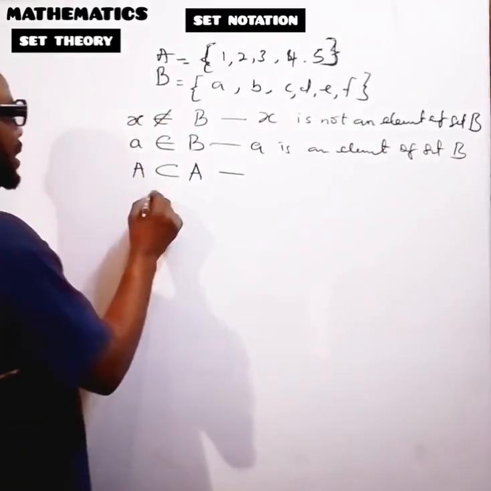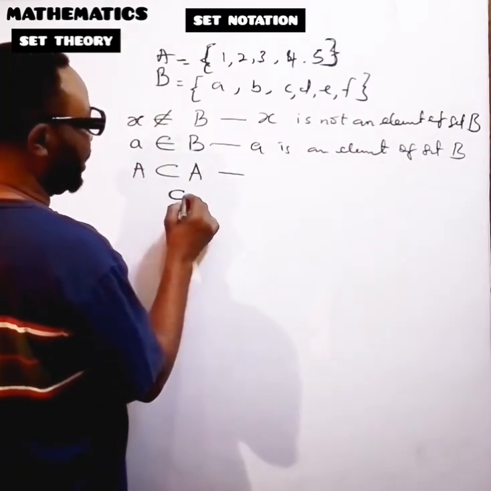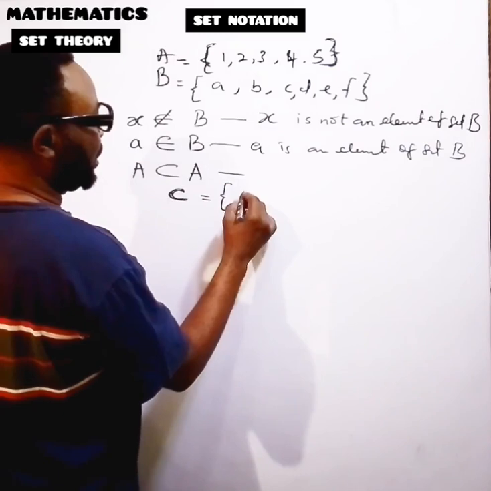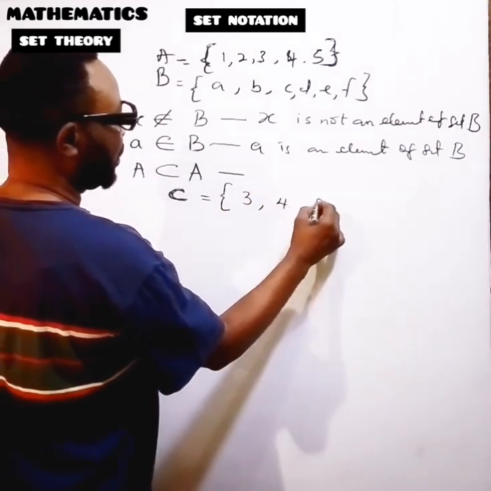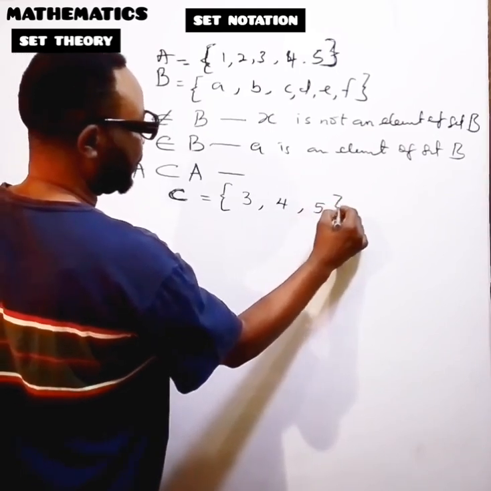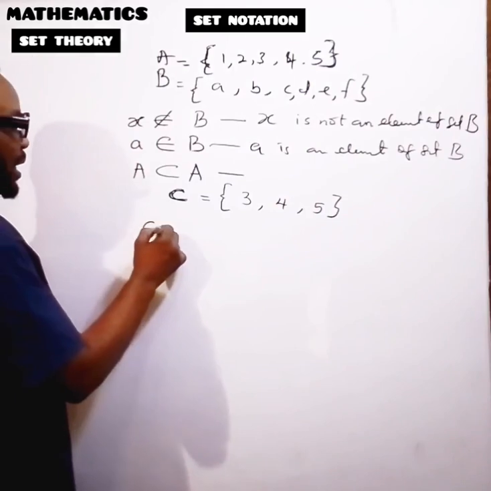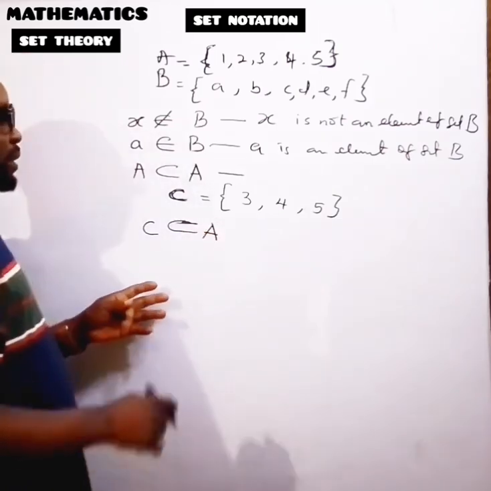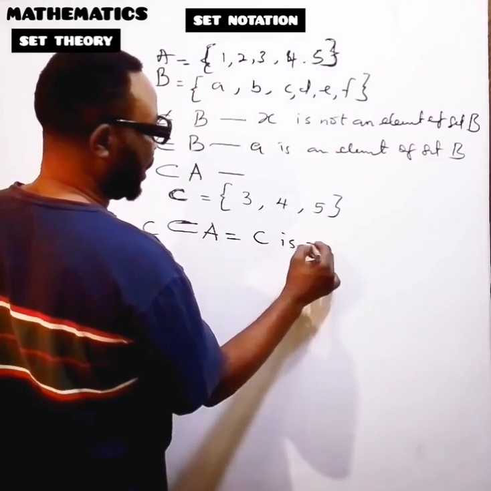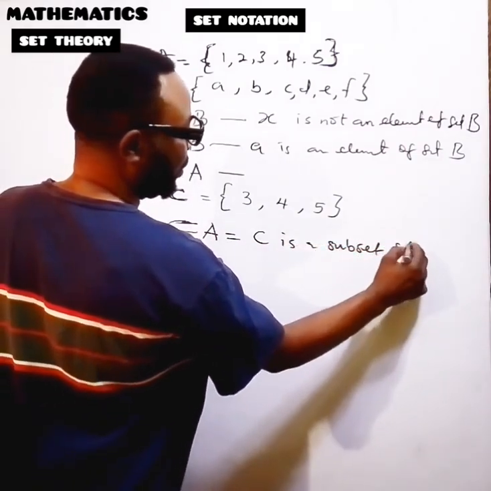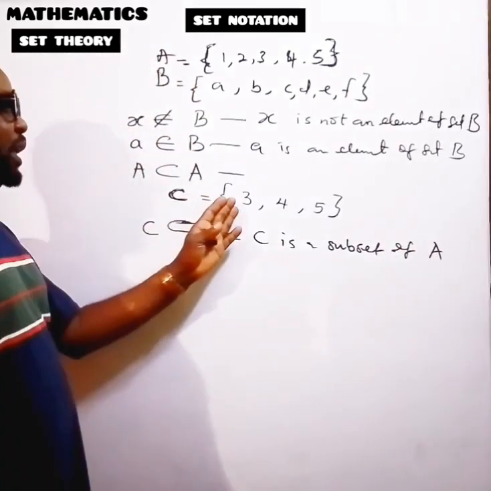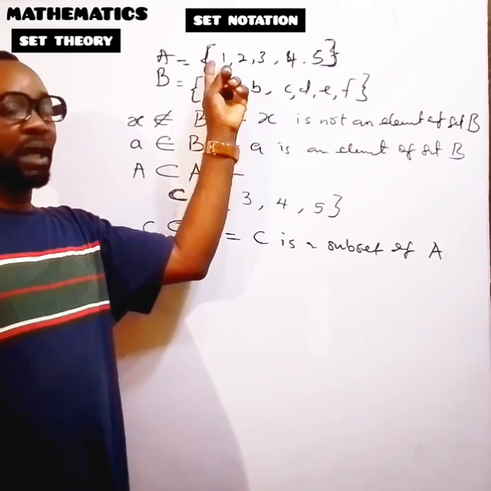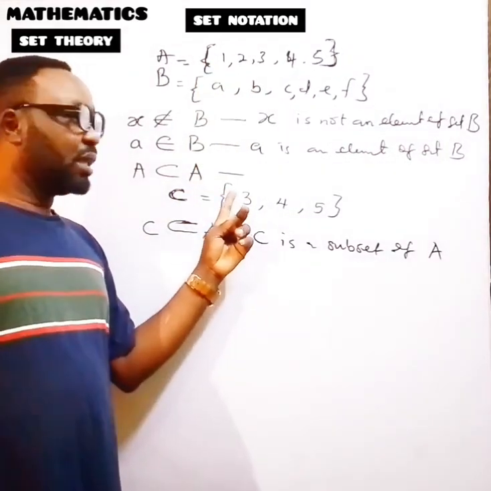Now, if I have a set of elements C, which is like this, if C is 3, 4, 5, I can say that C is a subset of A. This means C is a subset of A. You can see that all the elements I have here, 3, 4, 5, are also in A. But there are some elements in A which are not in this C here.